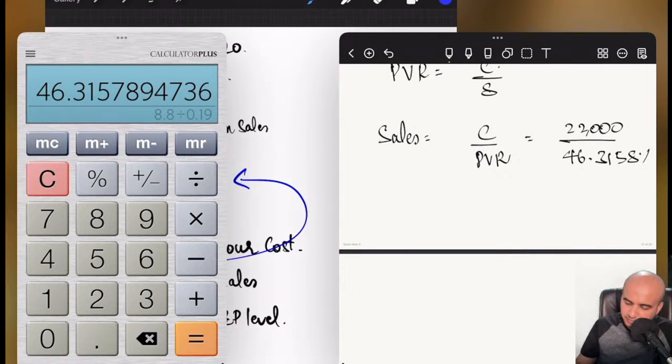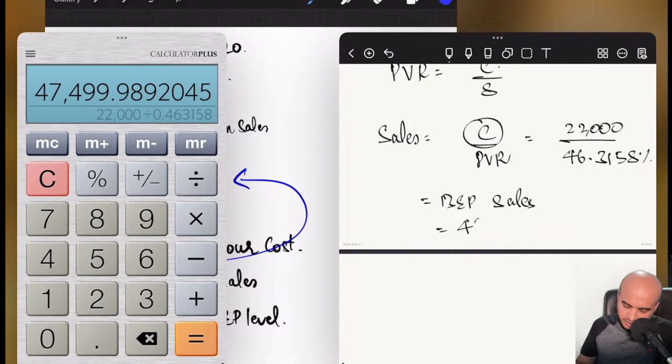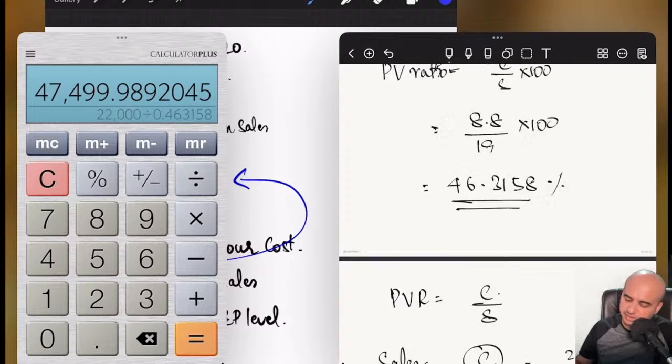When you do this, you will get the BEP sales, because this contribution of 22,000 is the BEP contribution. Let me do that math. 22,000 divided by 46.3158 percentage will be 47,499.9, I'm rounding it off to whole number, which is 47,500.